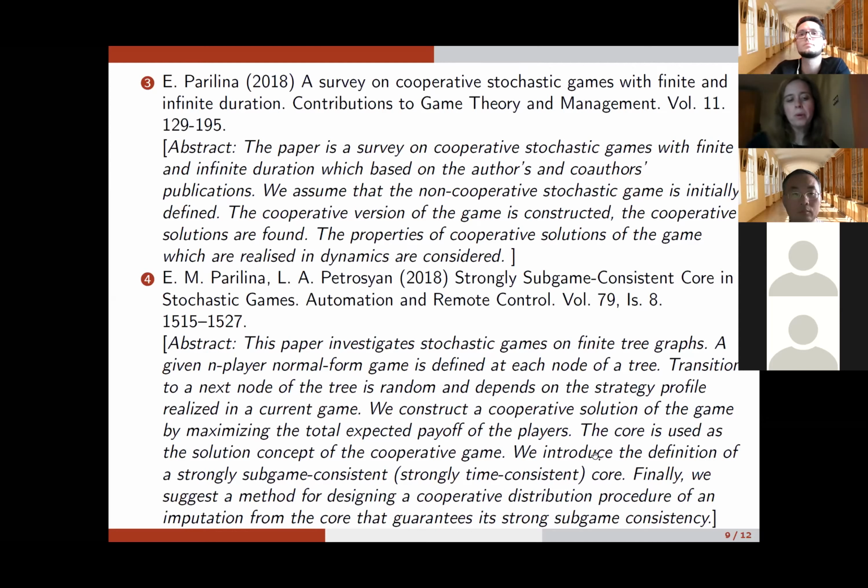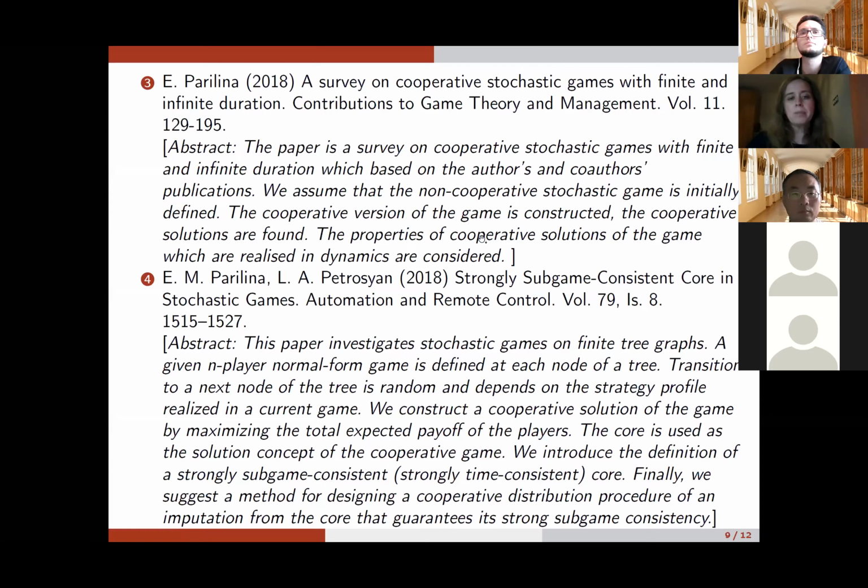We proposed a method of designing a cooperative distribution procedure, and we get a sufficient condition for how to construct a cooperative distribution procedure for any imputation from the core to guarantee this refinement, the principle of strong subgame consistency of the imputation.